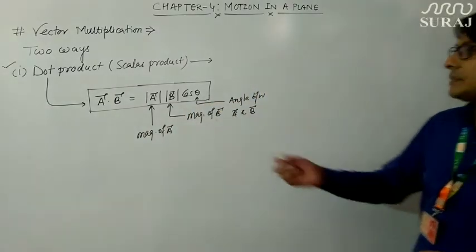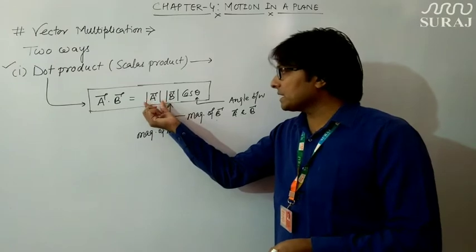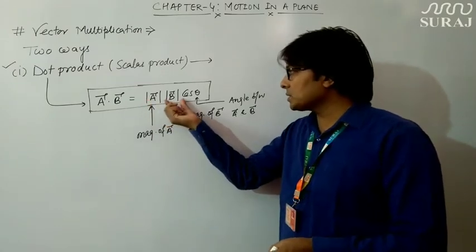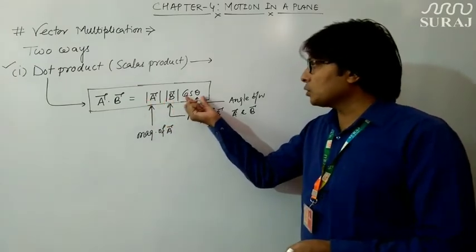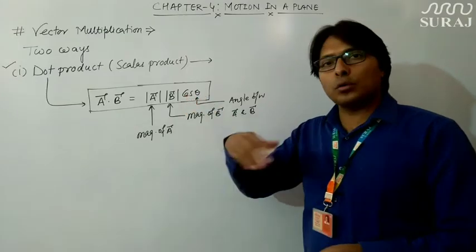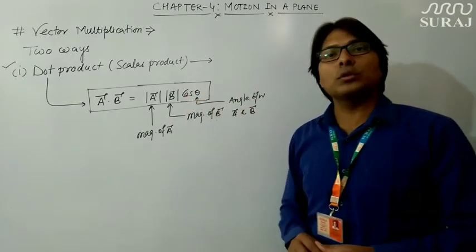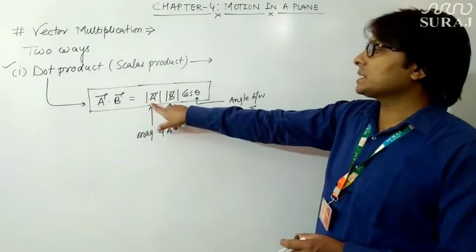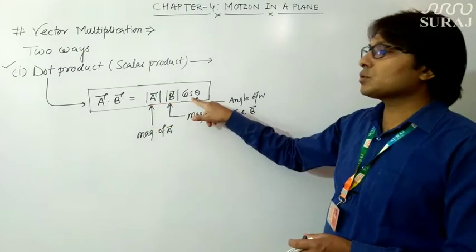The magnitudes are scalar quantities, and cos theta, sin theta, tan theta, all trigonometric ratios are also scalar quantities. So this is a scalar, this is a scalar, and this is also a scalar.